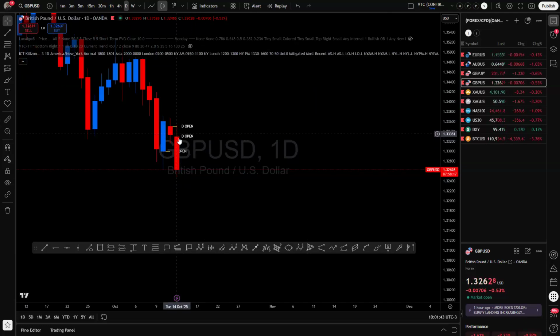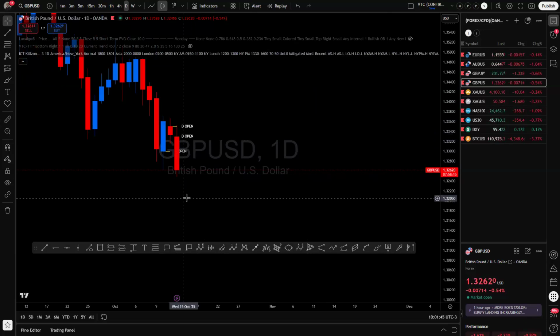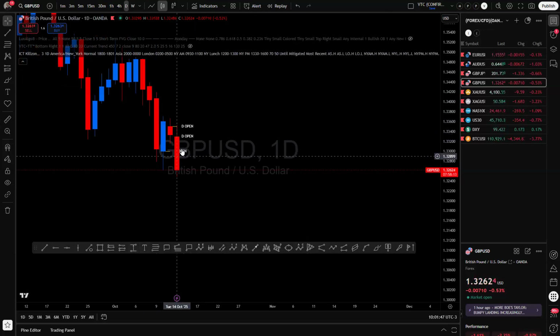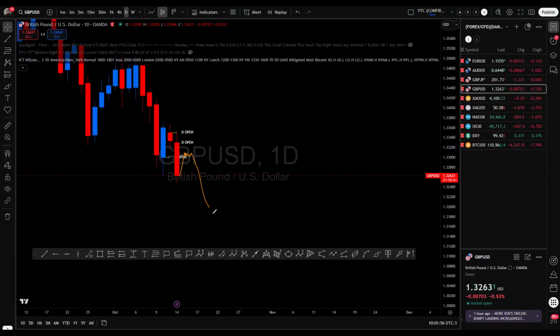The price is depreciating, so it opened here, closed here. So we can conclude that more likely we're going to see some manipulation of the bulls and then distribution of the bears in a smaller time frame. Okay, so that's all we're going to do on the daily time frame here.